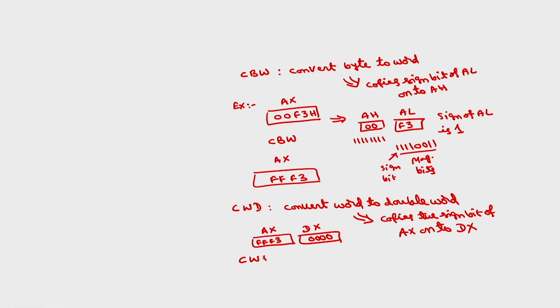If I write CWD, what is the sign bit? The first F has 4 ones, so the MSB is 1, which is the sign bit. So 16 ones will be copied onto DX, so AX remains FFF3 whereas DX becomes FFFF. This is how you can convert byte to word as well as word to double word.